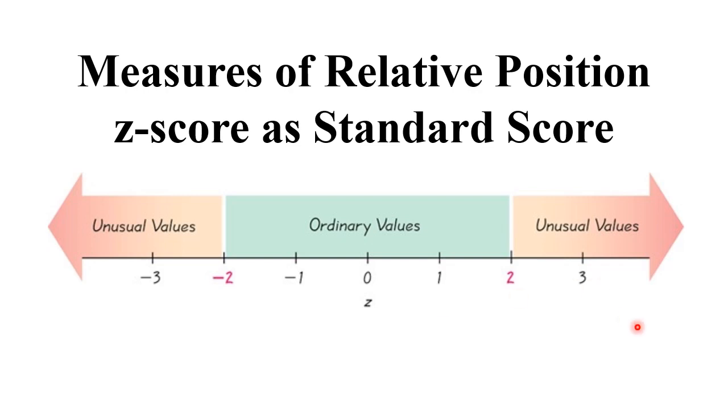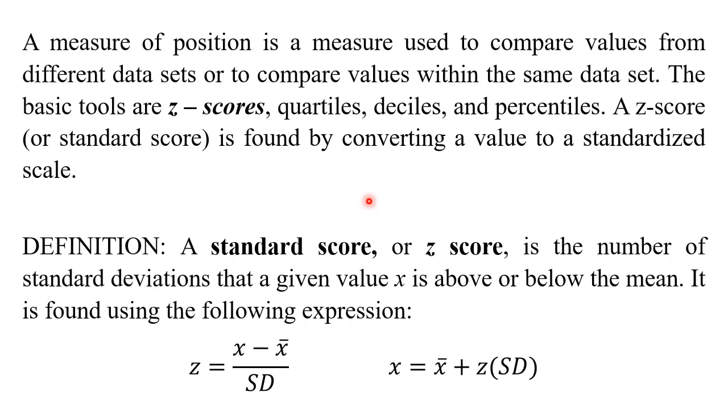That's how we are going to use the formula, and this is what we mean by measures of relative position. A measure of position, class, is a measure that is used to compare values from different data sets or to compare values within the same data set.